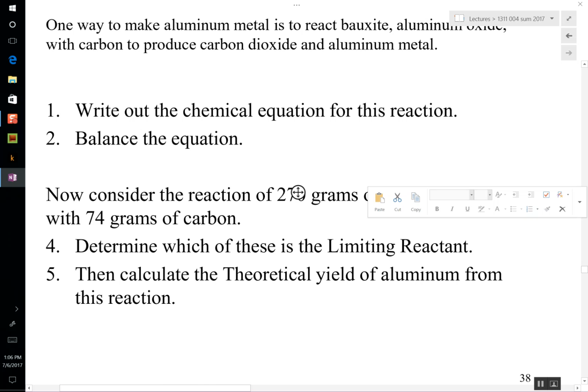So 270 grams of aluminum oxide. We're going to go from grams of aluminum oxide to moles of aluminum oxide to moles of aluminum. I'll stop at moles of aluminum. So I got 1 mole of aluminum oxide per 101.93 grams.